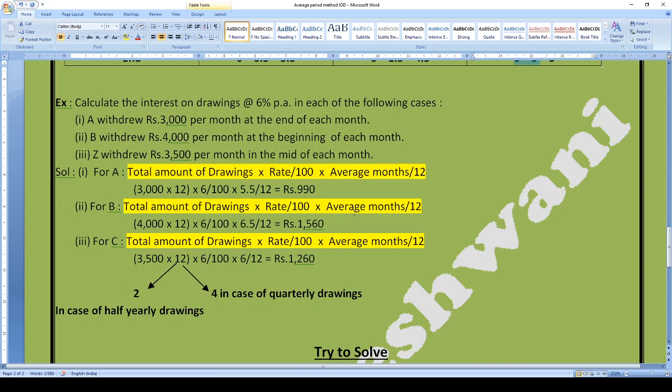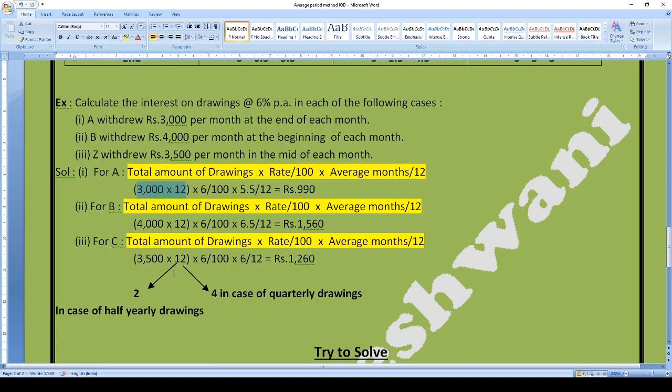And here is an example in front of you. Calculate the interest on drawing at the rate 6% per annum in each of the following cases. First is, A withdrew rupees 3000 per month at the end of each month. Keep it in mind, he is making monthly withdrawal, withdrawing 3000 rupees per month. So what would be the total amount of drawing? It will be 3000 into 12.